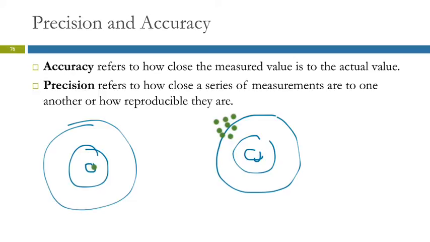You can also have accuracy without precision, because when we make a number of measurements and average them, the average is very close to being correct, but the precision is poor because those are scattered all over the place. Sometimes there are things we can do to control our accuracy or our precision, and sometimes there's nothing we can do about it, but we have to understand what it is.